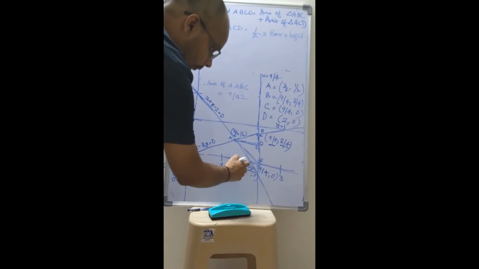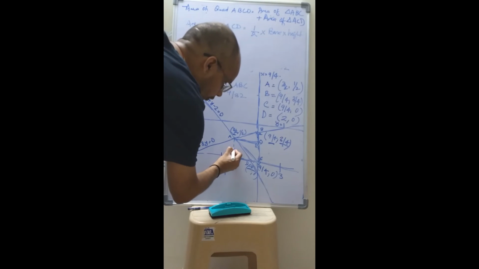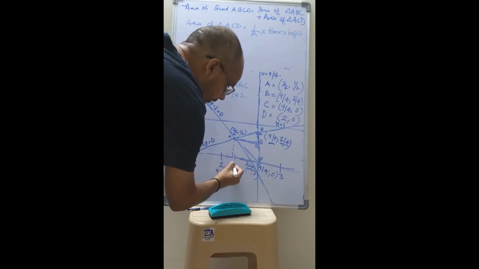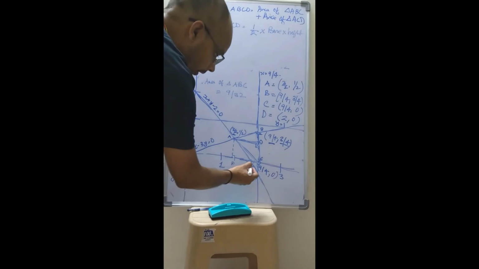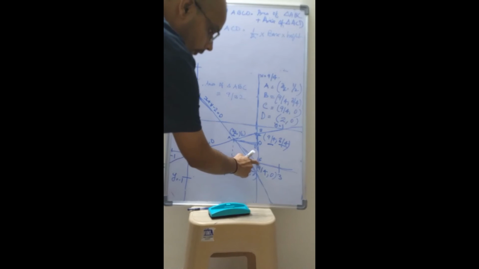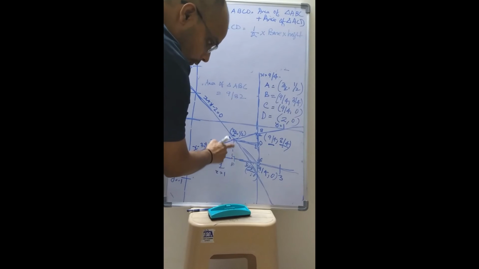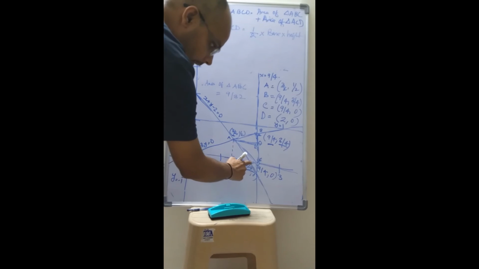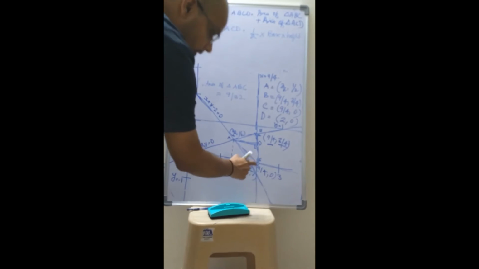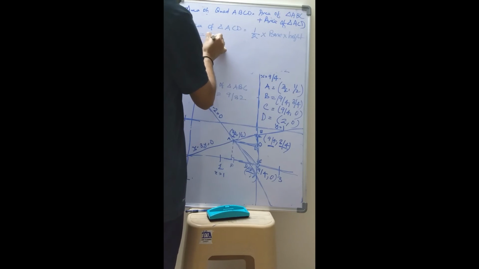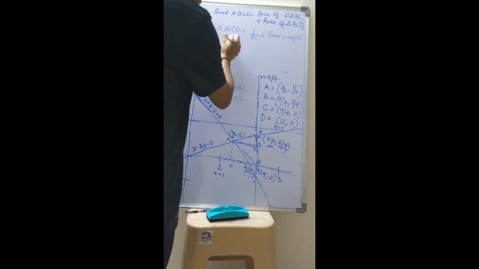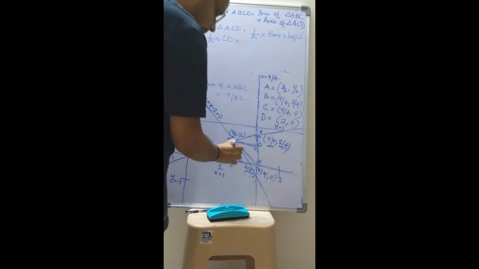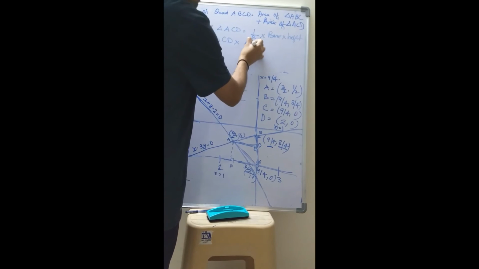So if you drop a perpendicular on the x-axis, this is point P. What is the area of this portion? This is half into base, which is CD, into height, which is AP.